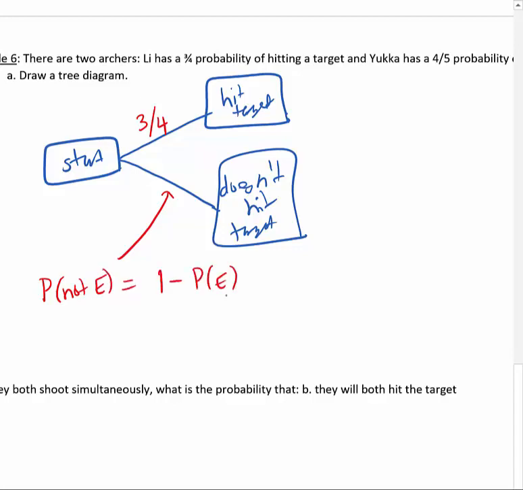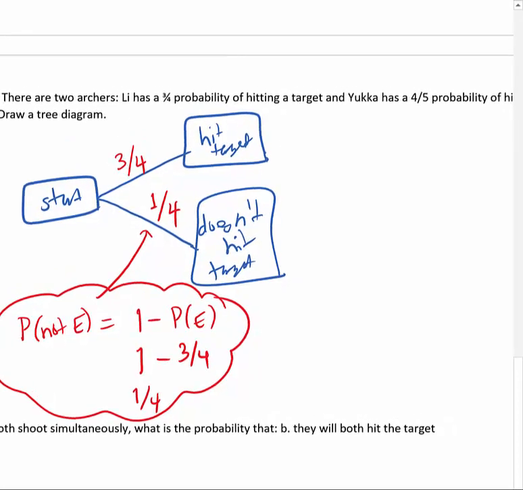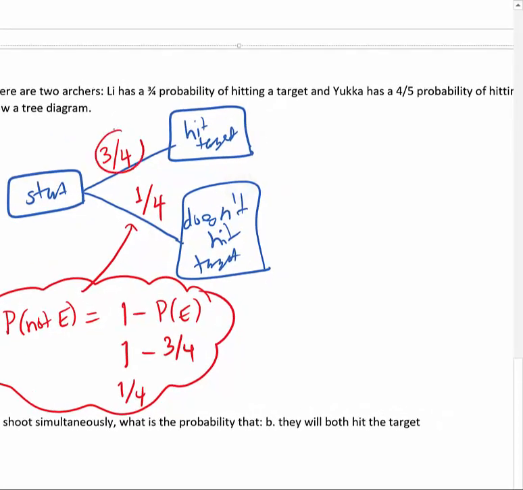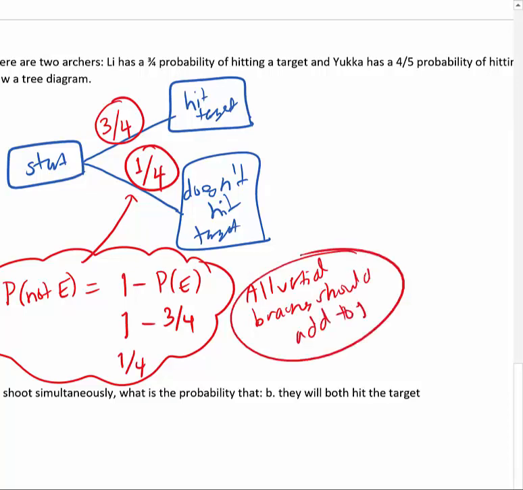So the probability of her not hitting would be 1 minus 3/4, which gives you 1/4. So I have a 1 out of 4 probability of her missing the shot. Just keep in mind that all the vertical branches should add up to 1. That might help a lot.